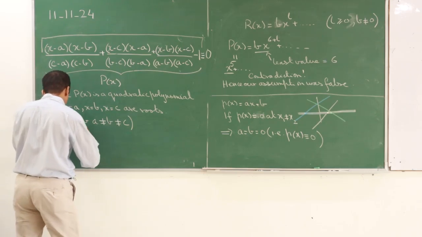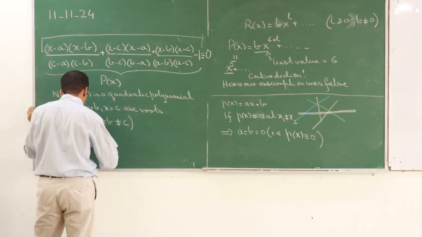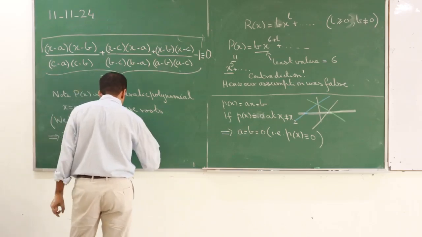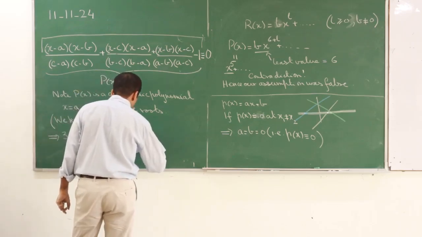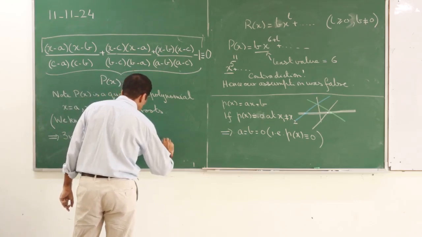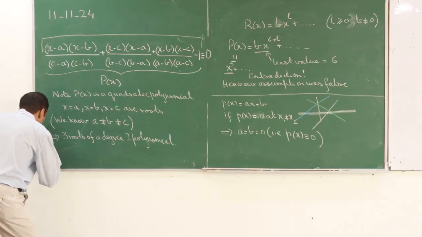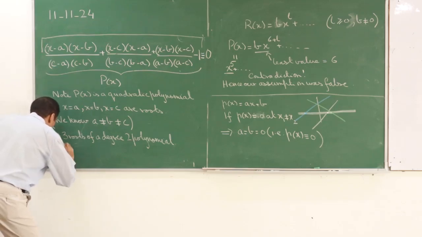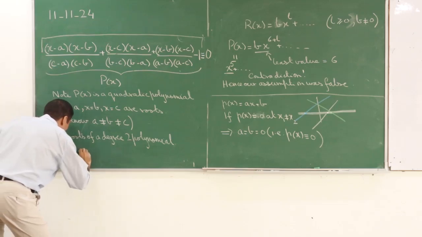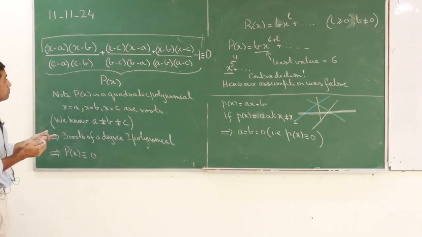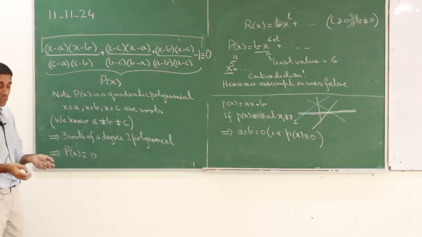We have 3 roots of a degree 2 polynomial, which is really not possible, right? You can't have 3 roots of a degree 2 polynomial, which implies that p is identically equal to 0, which is exactly what we wanted to prove, that p is identically equal to 0.